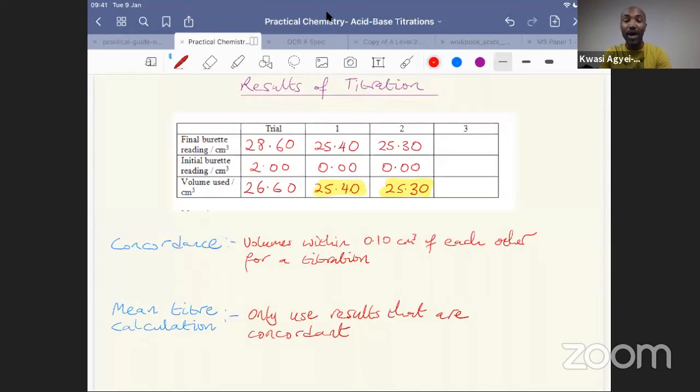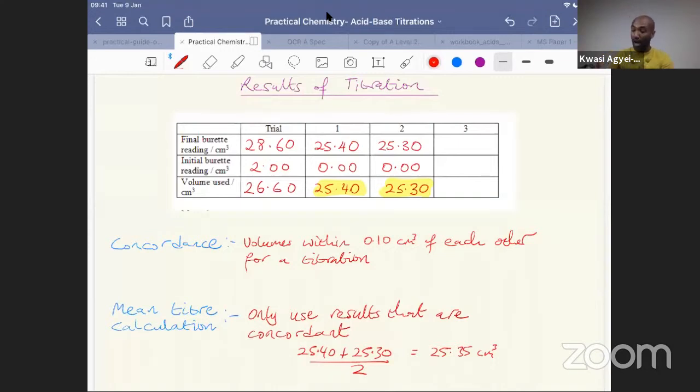When you find the mean of that, you should get 25.35. So that's your mean titre volume, and that's the volume that you would go on to use in a calculation to work out the concentration of your unknown.